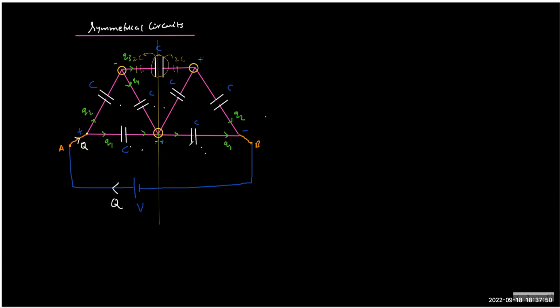So now I will introduce something called mirror branches. If I treat the line of symmetricity as the mirror, a plane mirror, you can clearly see that left half will be reflected as a right half.